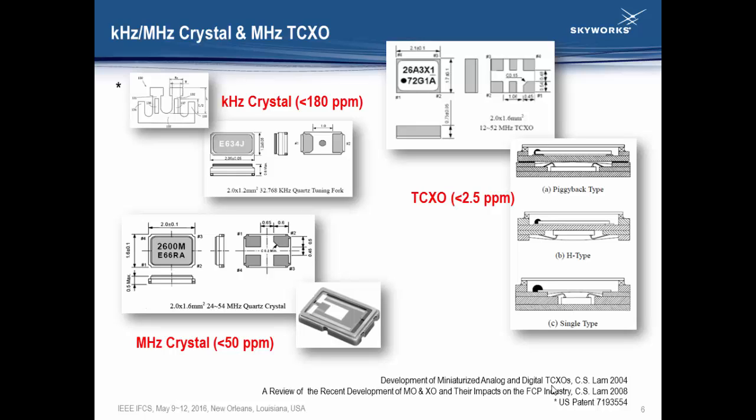And the crystal is inside, you can see it right here. And usually for a megahertz crystal, you're talking about less than 50 ppm. On the right side, you can see the T6. Those are the T6 still being used by some of the cell phones nowadays. And usually it's about 2.5 ppm. And the size is about 2.1 by 1.7. Okay.